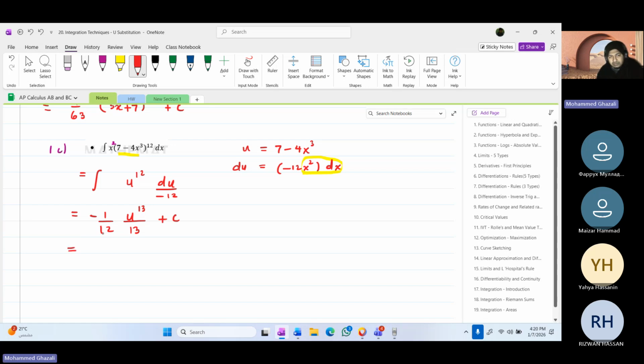I think 12 13s are 156, and 12 12s are 144. U is 7 minus 4x cubed to the power 13 plus a c. All right, great guys. Make sense?